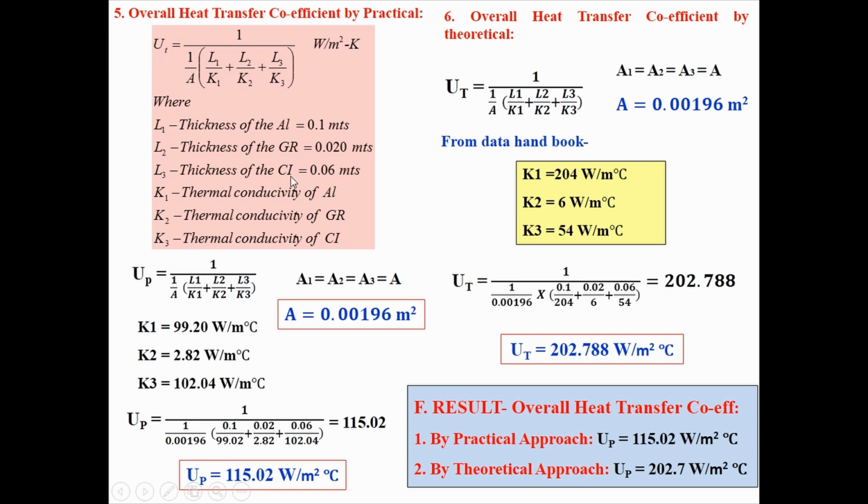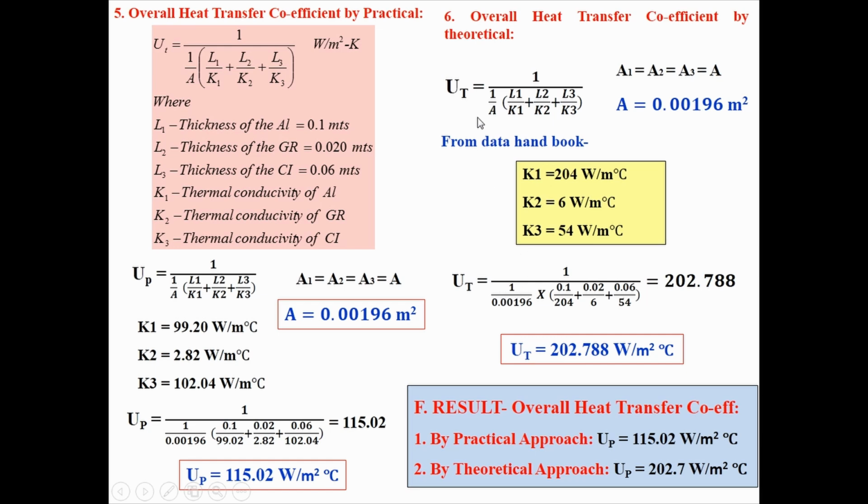Instead of the practical values, I will take the thermal conductivity for aluminum, graphite and cast iron from the data handbook and substitute to get the theoretical overall heat transfer coefficient.